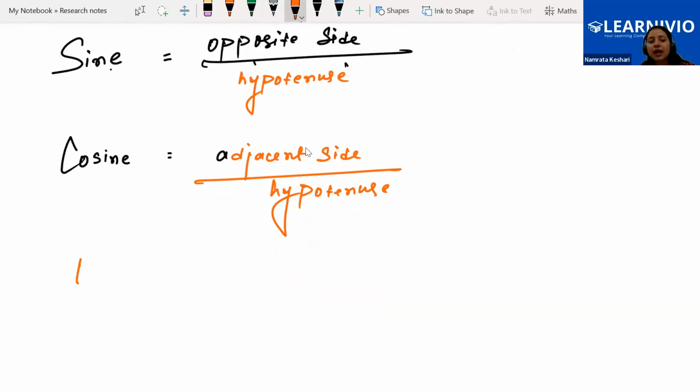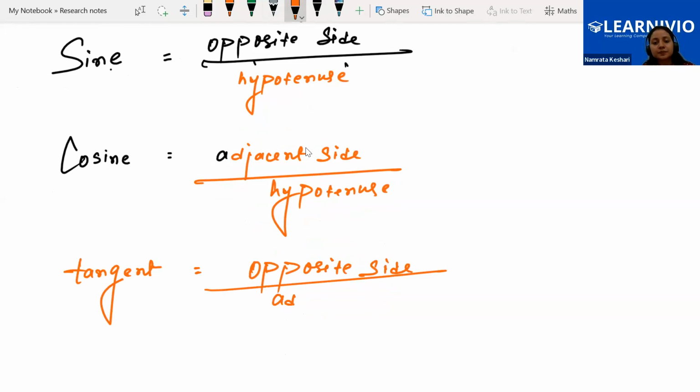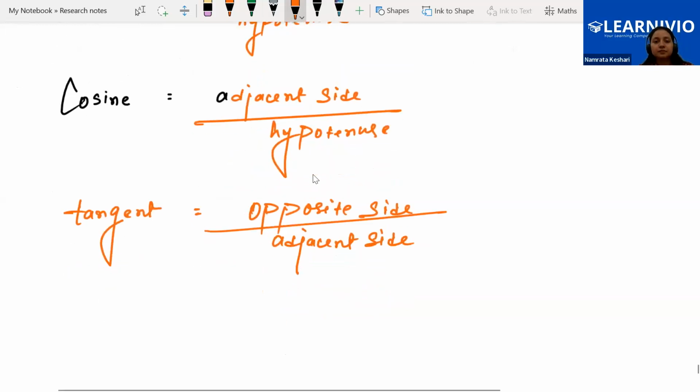Now we are having a tangent. For that the formula is opposite side over adjacent side. Now there comes the next ratio, that is cotangent.